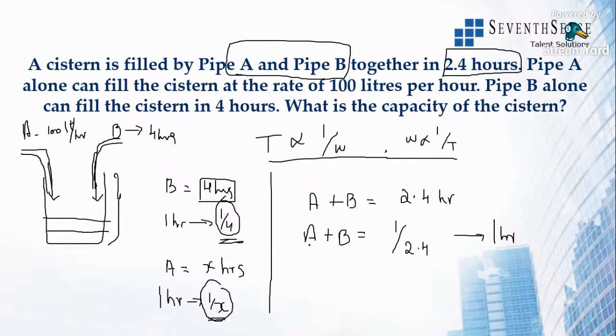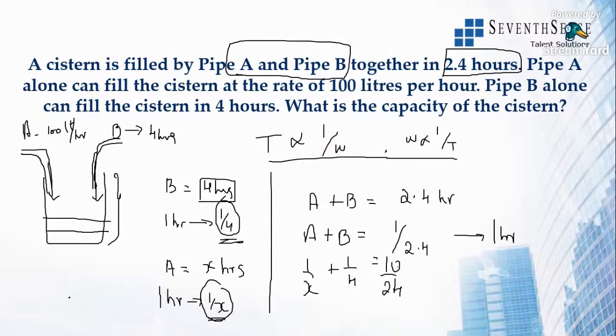Now we know the individual quantities being filled. A fills 1 by X, B fills 1 by 4, and together it is 1 by 2.4. Convert 2.4 as 24 by 10, so it becomes 10 by 24.